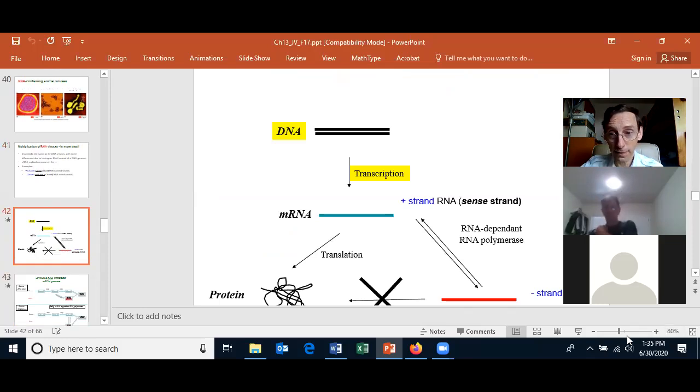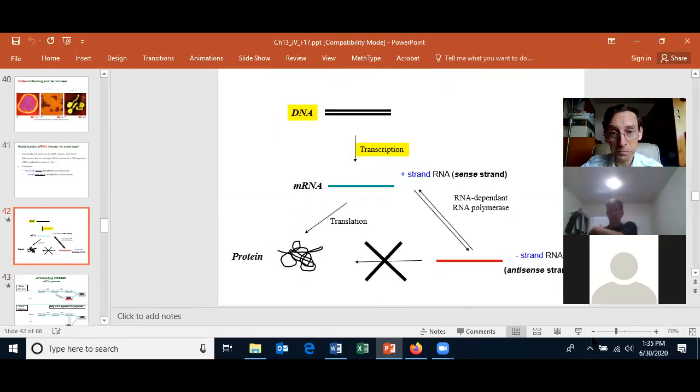So here we're looking at a slide of that. How a DNA virus is transcribed to make messenger RNA and then translated into protein. Actually, double-stranded RNA pretty much follows that same pattern.